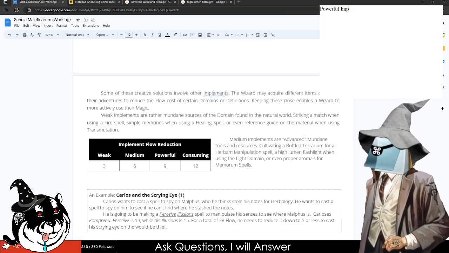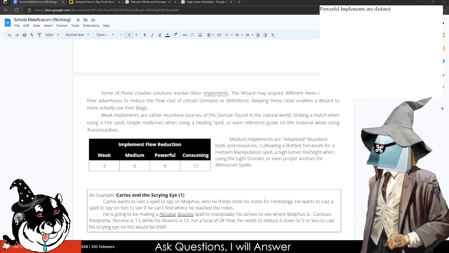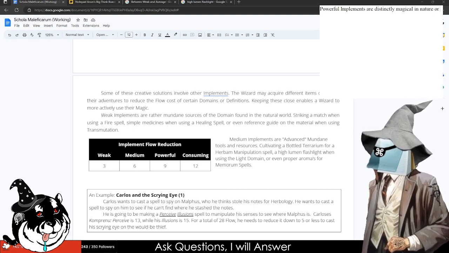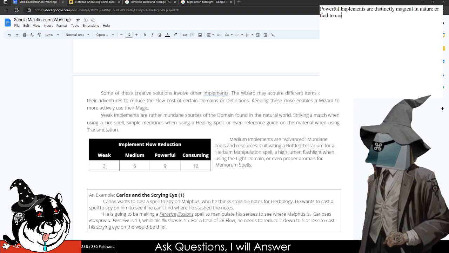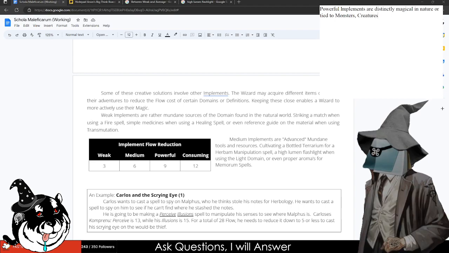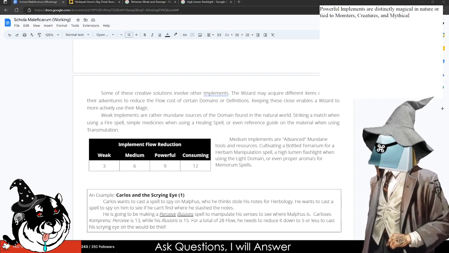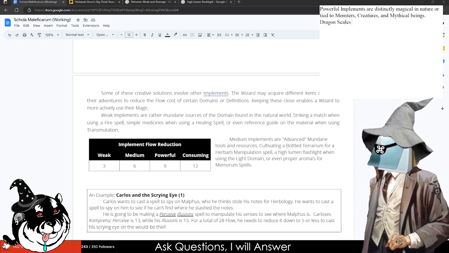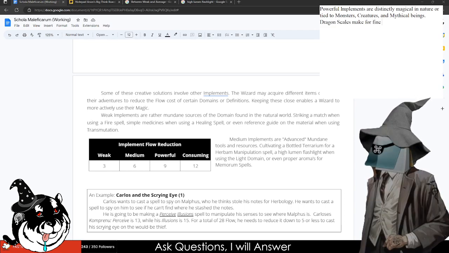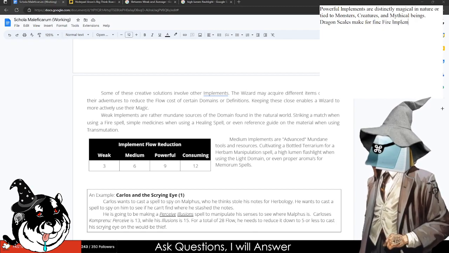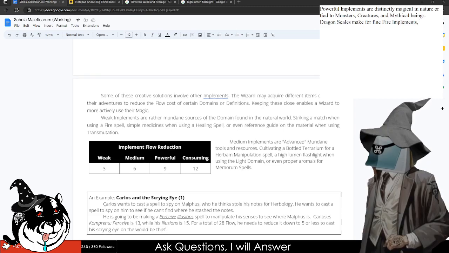Powerful implements are distinctly magical in nature, or tied to monsters, creatures, and mythical beings. Dragon scales make for fine fire implements.